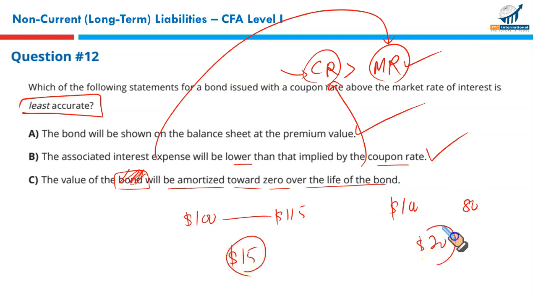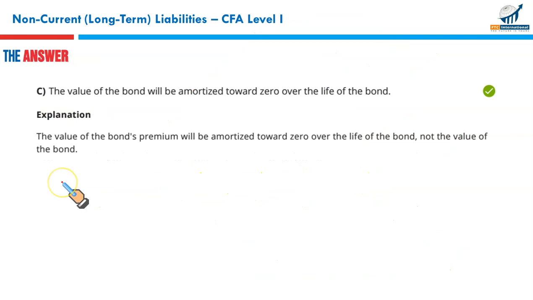This premium and this discount are amortized over the period. We will see in the later questions. This premium and this discount are amortized to zero, not the bond itself. That's the wrong statement. In this case, the premium will be amortized towards zero over the life of the bond. If it's a discounted bond, then the discount will be amortized towards zero over the life of the bond. So that makes C the correct option, because we were looking for the one that was least accurate.